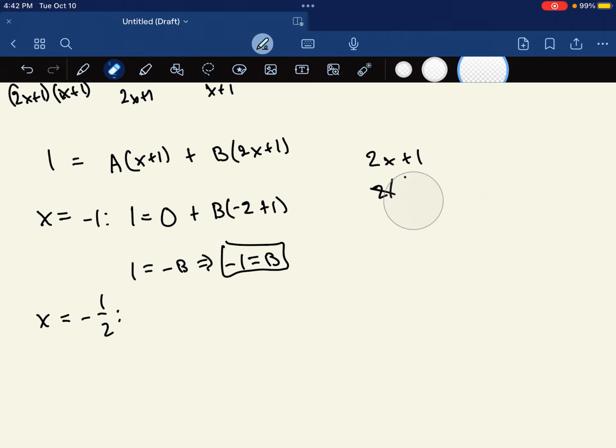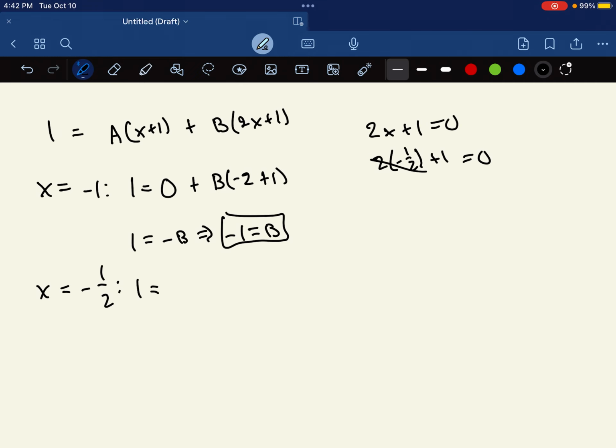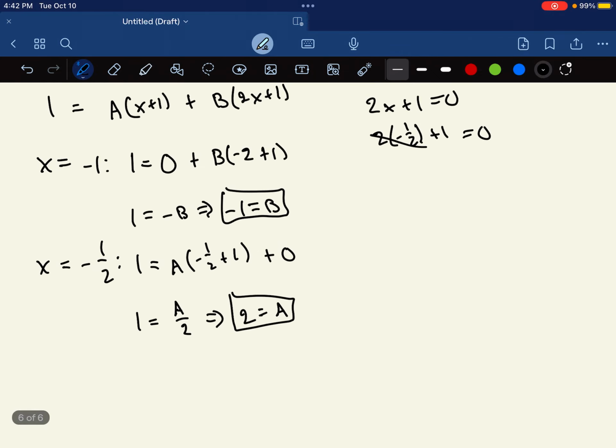And then we can use that to find A. We've got 1 equals A times (-1/2 plus 1) plus 0, and this is equal to just 1/2 A, so it's A over 2. And this gives 2 equals A. So we found our A and our B.